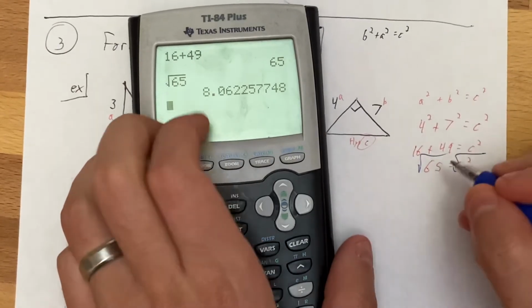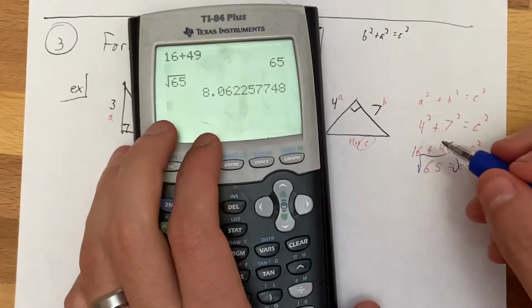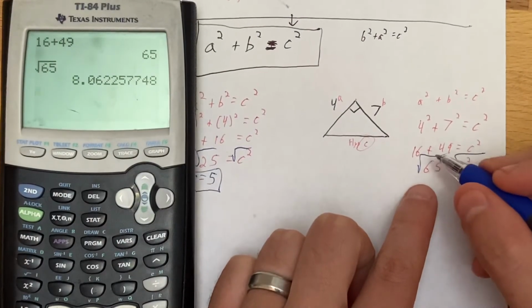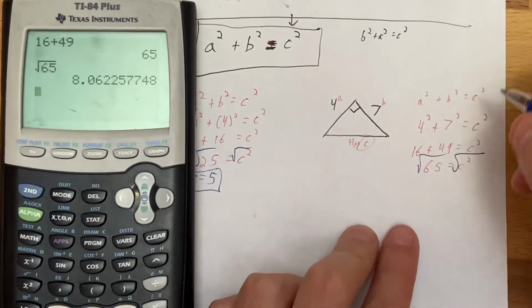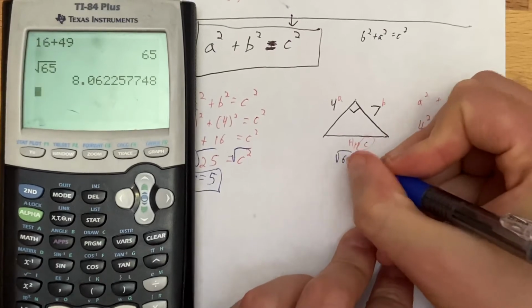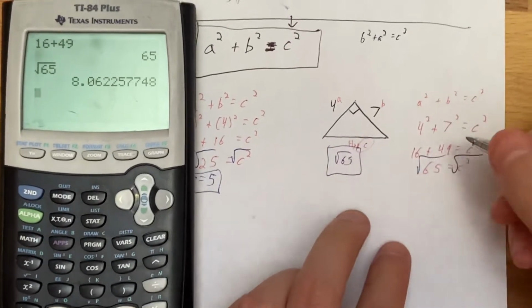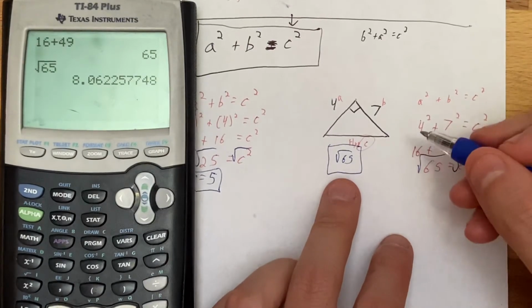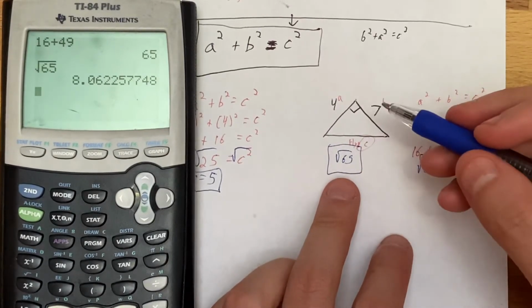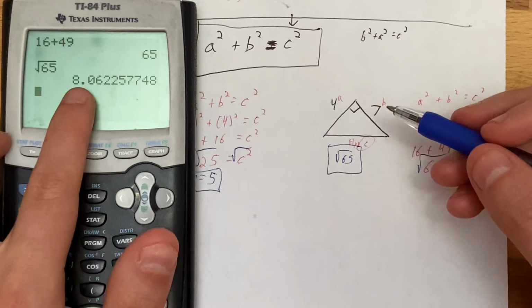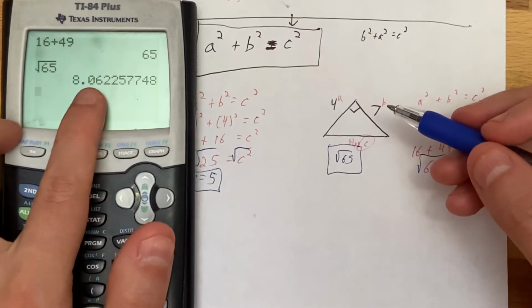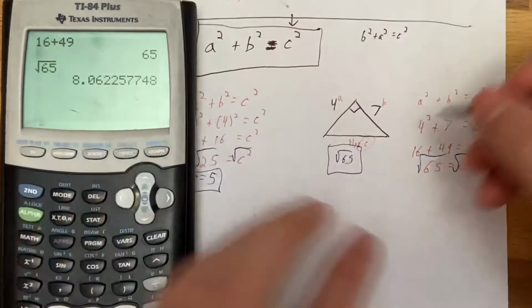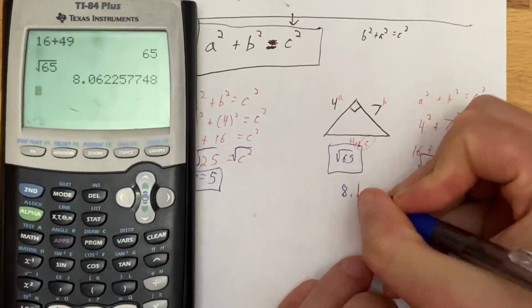So two things can happen, and it's really just depending on what the directions of the question say. Since you can't really get a whole number, sometimes you'll literally just say the answer is the square root of 65, and that would be the answer. But sometimes in multiple choice, it just gives like an estimation, in which case 8.06, if you round it to the tenths place, the 6 would round the 0 up to a 1, so I would put 8.1.